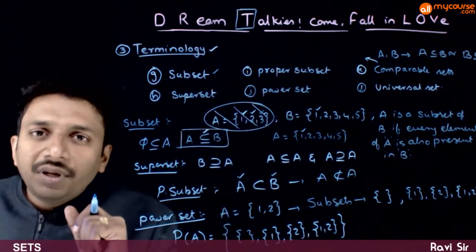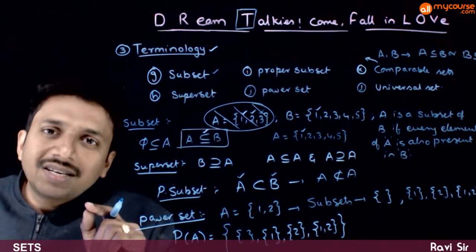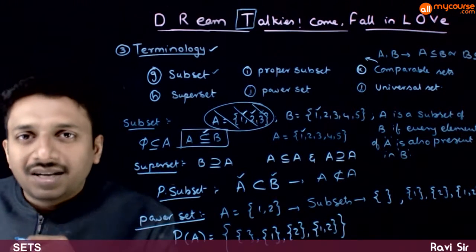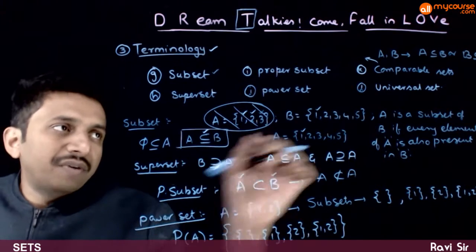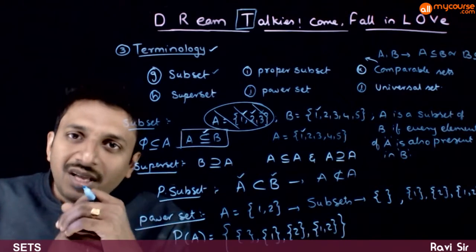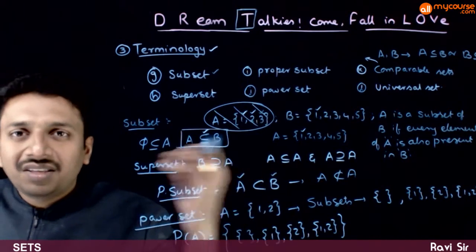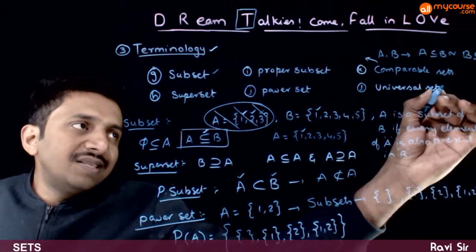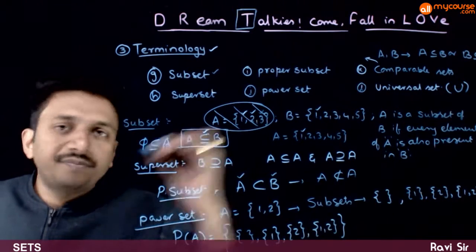And you have universal set. So universal set is a set containing all the sets under consideration. So if you have a problem in which you are talking about some sets, a superset for all the sets given in the problem is called a universal set. It is denoted by U.